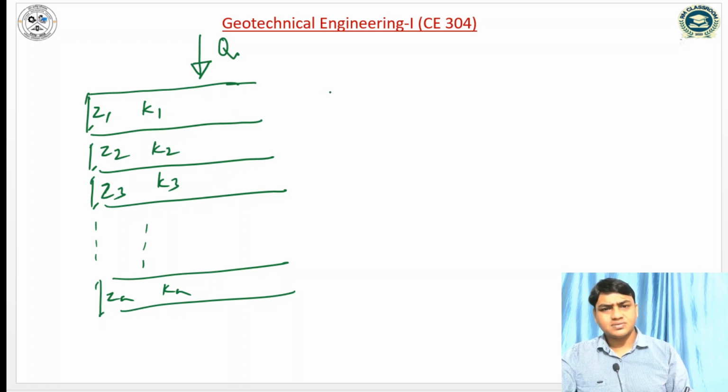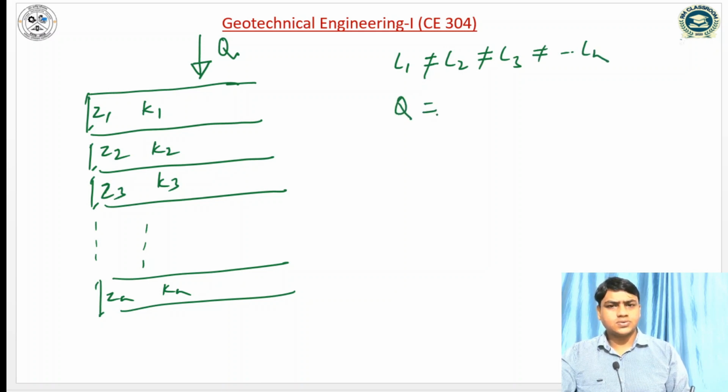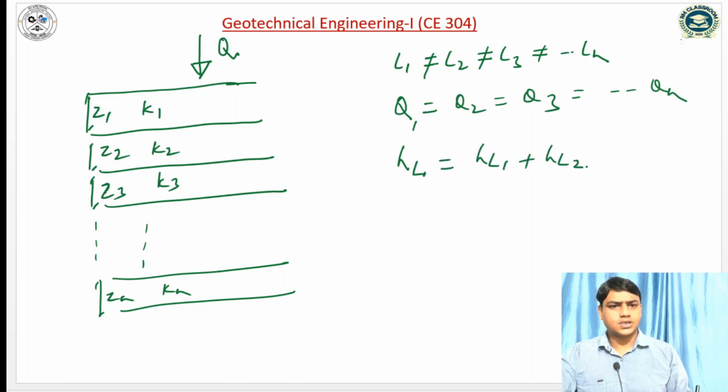So in this case I1 is not equal to I2, is not equal to I3, is not equal to In, but Q is equal to Q1 is equal to Q2 is equal to Q3 is equal to Qn, and head loss is equal to HL1 plus HL2 plus HL3 plus so on and so forth, HLn.